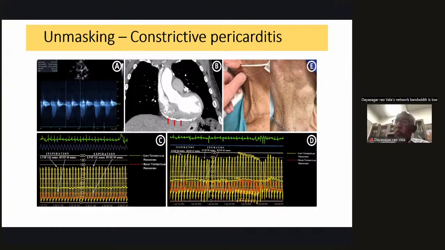This is what we call masking of the constriction by the differential disease of one ventricle or the other. And I'm sure the same thing can happen if the left ventricular disease is caused either by coronary artery disease or by valvular heart disease. So this is a caveat we need to keep in mind.